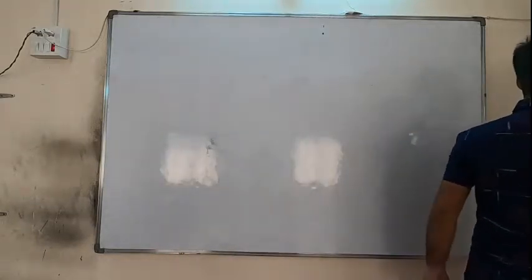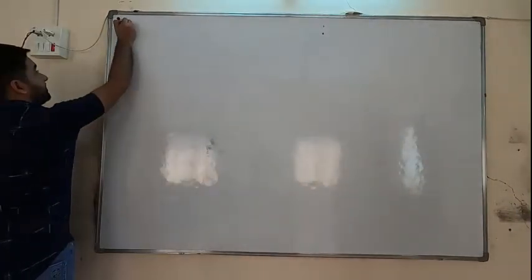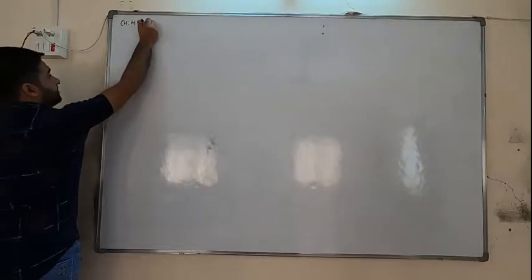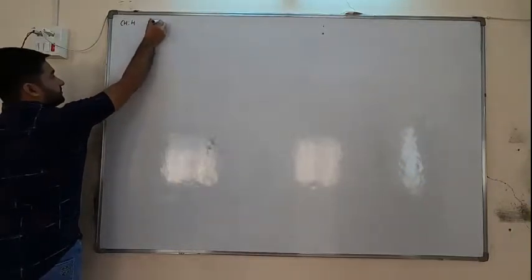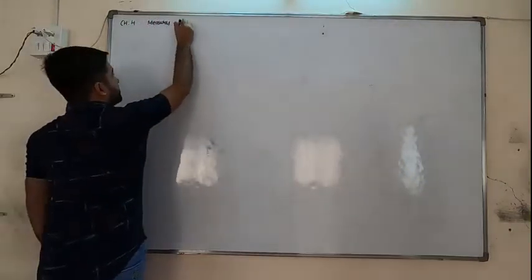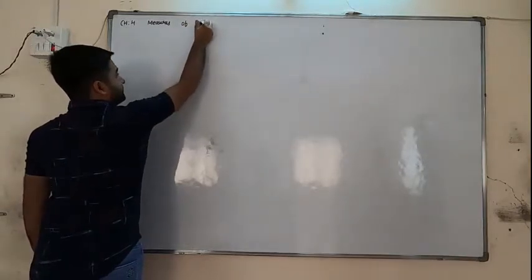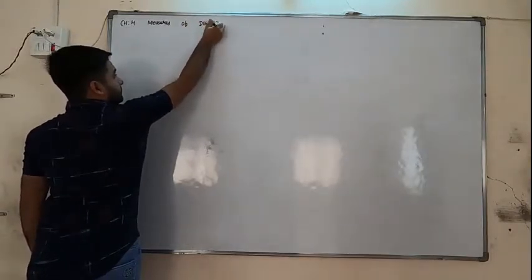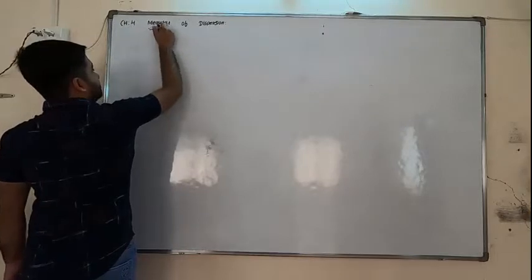So first of all, everyone write clearly in your notebook the same. Everyone first write the name of chapter number 4, measures of dispersion.